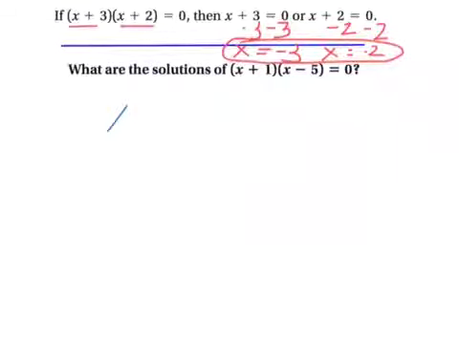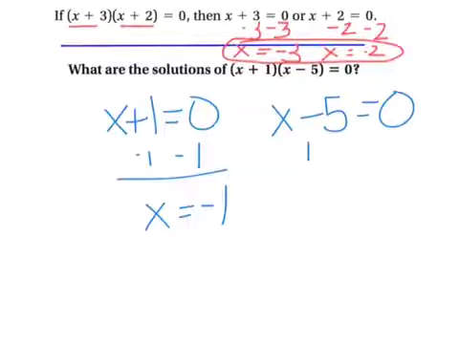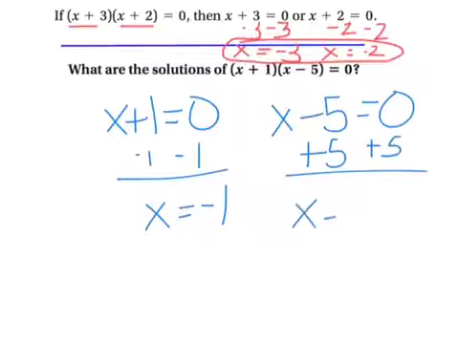So I'm going to split them up into two separate problems, setting both of them equal to 0. And then I just need to solve. So x could be -1. Here I need to add 5 to both sides, and x could be 5. So I know my solutions.